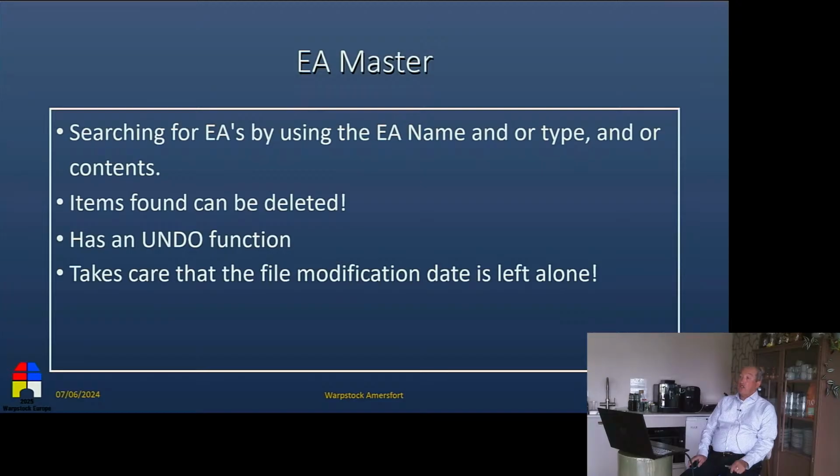This program makes sure, even if you have changed the EA, the file dates are still as they were. This is very important, for example, if you're doing any backups and looking for things that have changed. You don't want the date to change just because you looked at an EA.